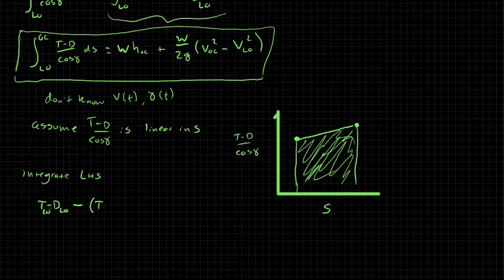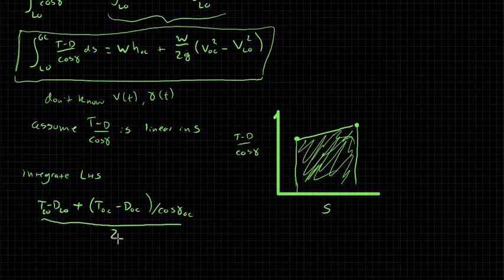Oh, excuse me, I'm sorry, I've got this backward. I guess it doesn't matter, right? So plus, because we're doing the trapezoidal rule, plus T OC minus D OC divided by cosine gamma OC, all divided by 2, times S C, and that's going to equal what we had before.